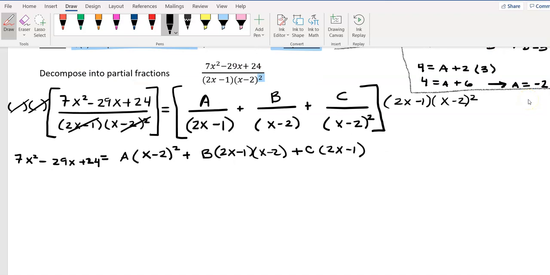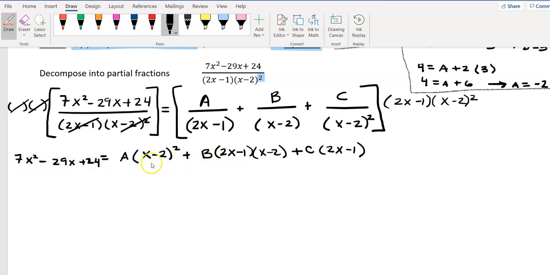Okay, so instead of expanding all of this out, there's a shortcut that I'm going to show you, and it's going to use these little factors to help us find very useful values for x. The idea is to leave your right-hand side in factored form, and you're going to pick values to plug into x for the entire equation.